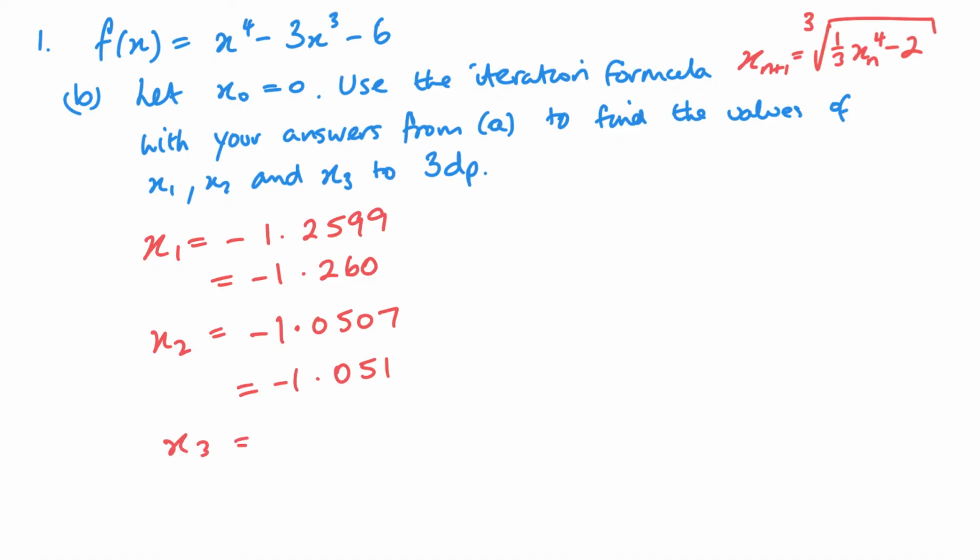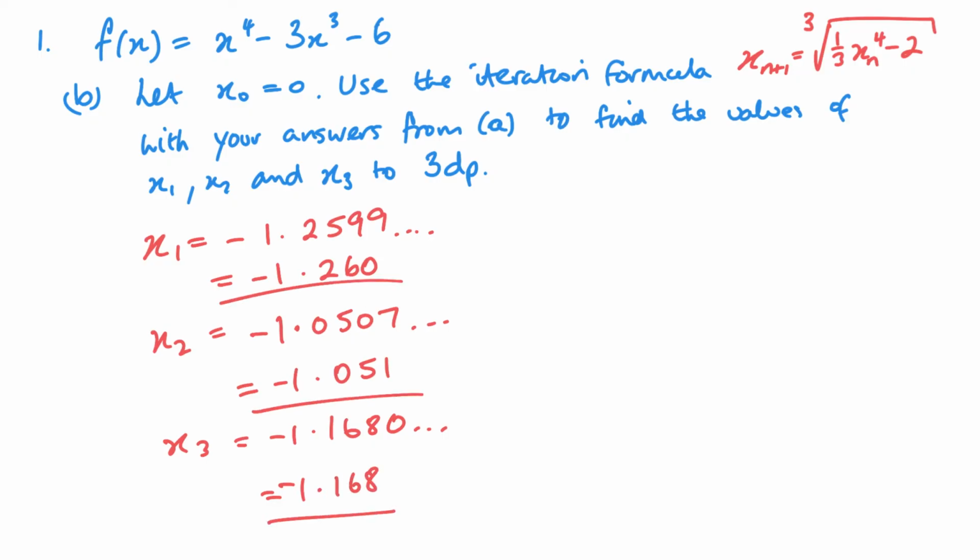And then finally, press equals again, you get minus 1.1680. These ones I can put some dashed dots afterwards to show that they are continuing. So minus 1.168. So these are my 3 answers to 3 decimal places.